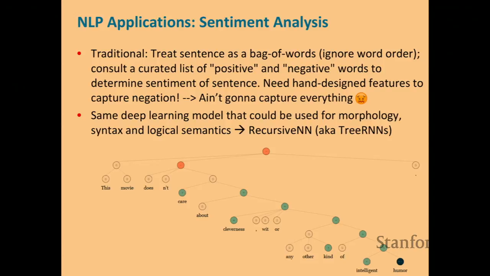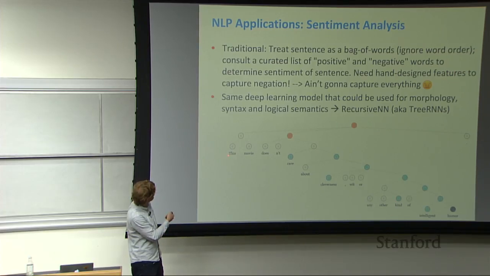In contrast, there are lots of different models using deep learning that will actually learn these kinds of negations. And this was one from my PhD a couple of years ago that actually correctly classified this sentence: "This movie doesn't care about cleverness, wit, or any other kind of intelligent humor."